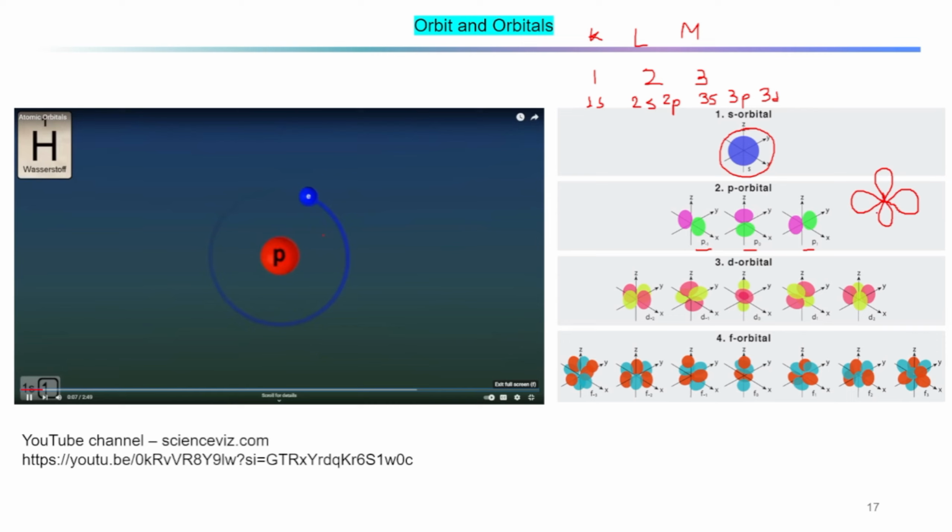If there is only one dumbbell, that is the p orbital, and in the case of the d orbital there are two dumbbells. As I have drawn this shape, this looks like the d orbital.